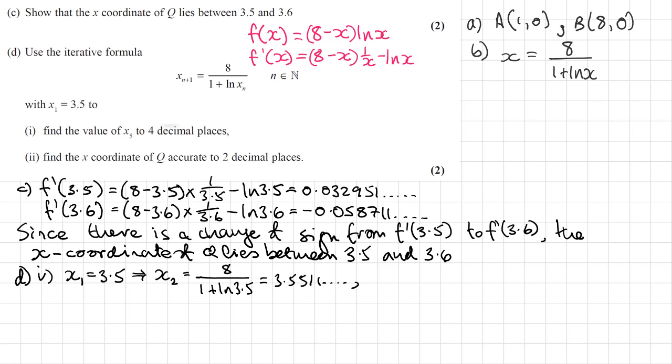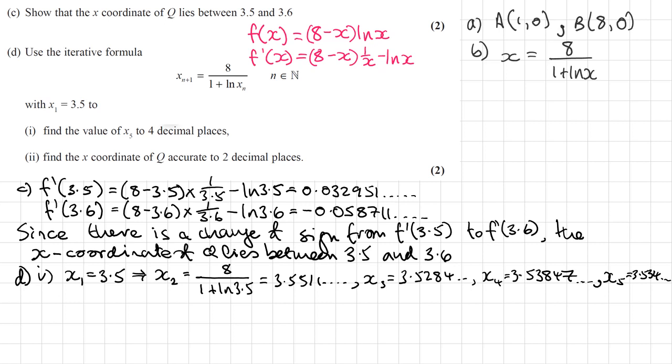So x3 is 3.5284 and so on. Press equals again. x4 is 3.53847 and so on. And then x5, this is the one that I want, so I press equals one more time and I get 3.534 and so on.